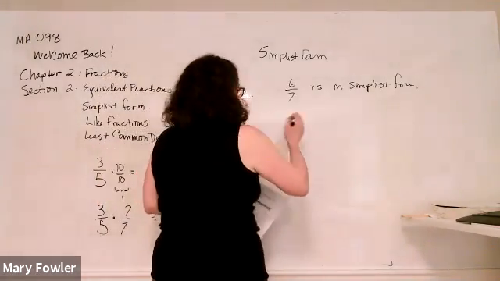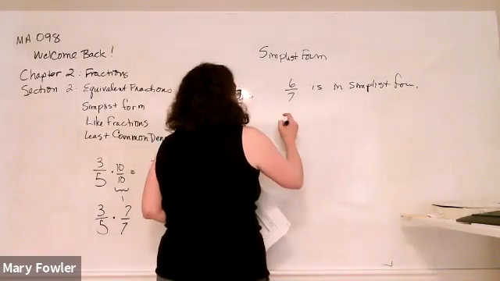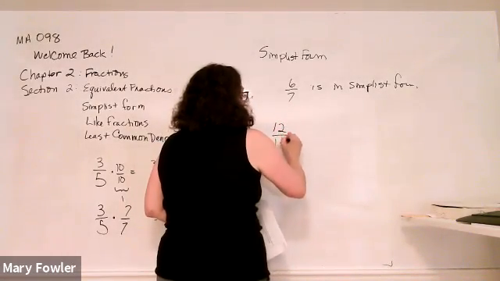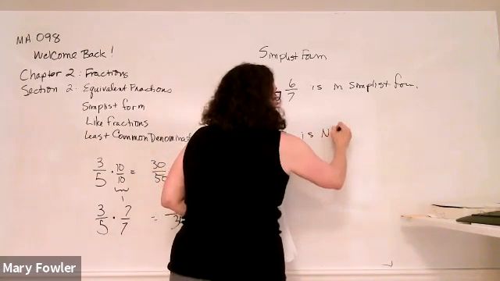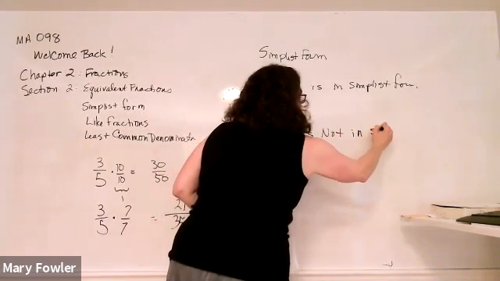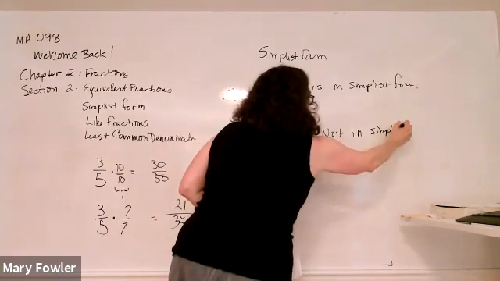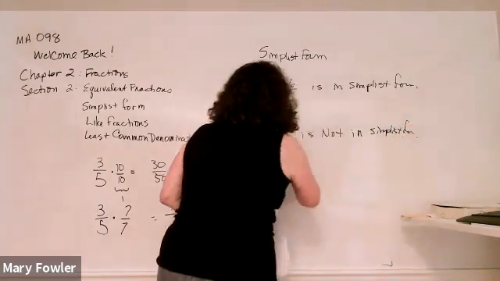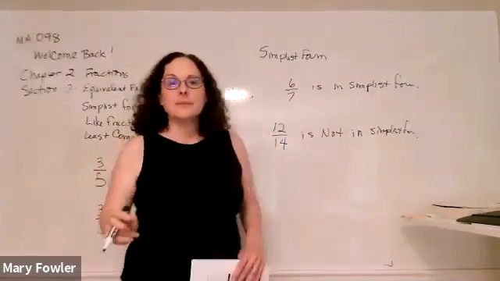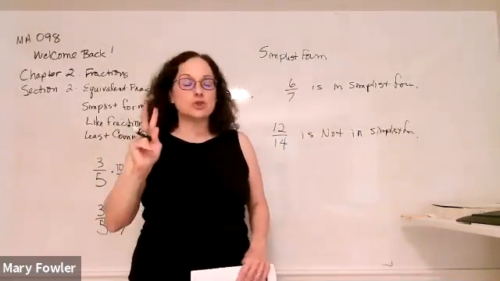But for example, we can look at 12/14, and this is not in simplest form since the common factor of 12 and 14 is 2.